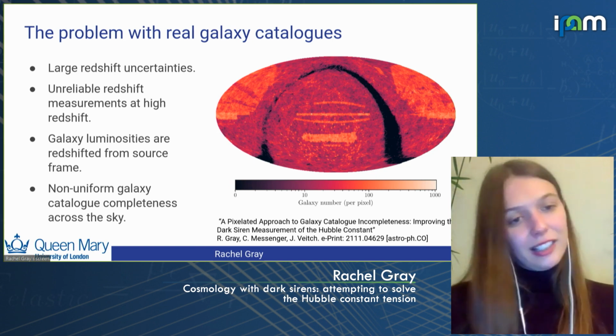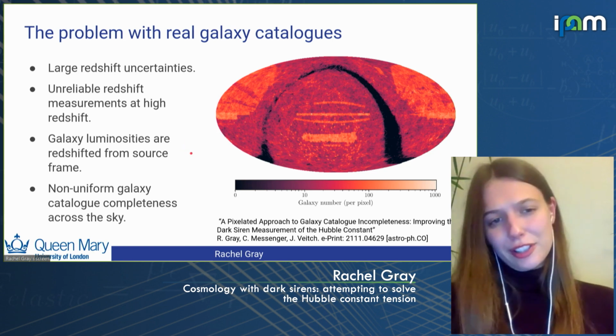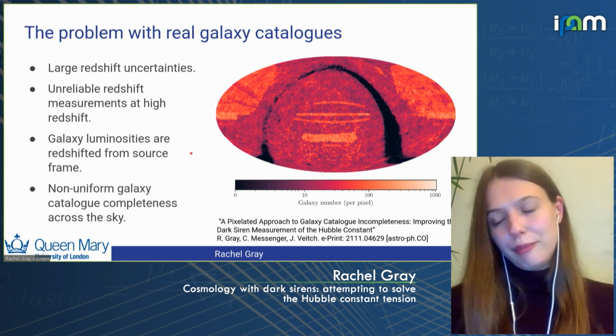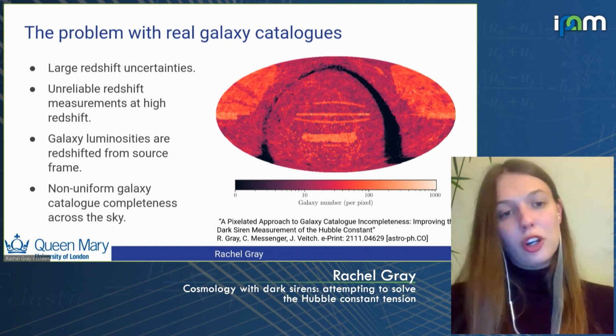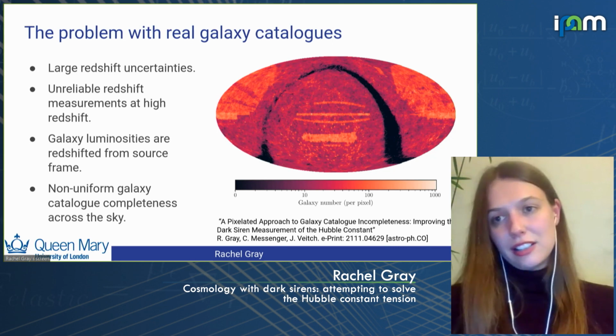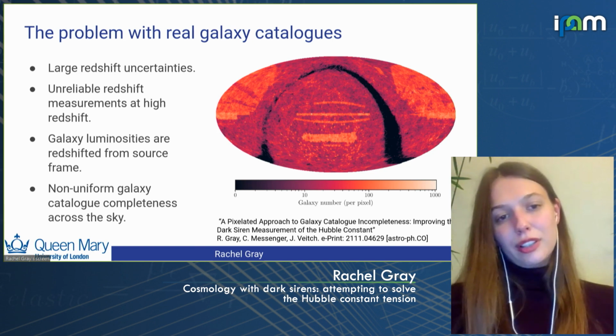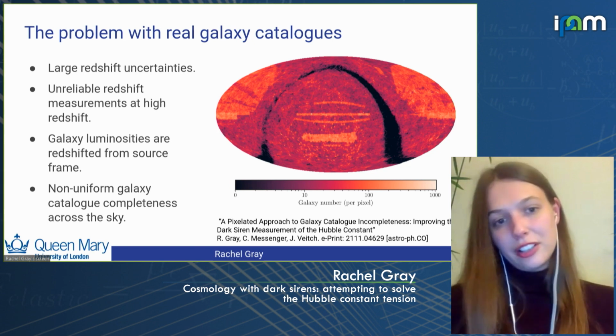There's also the fact that, this is a fun one, galaxy luminosities are redshifted from the source frame. It turns out galaxies do not emit uniformly in all wavelengths, and telescopes are only sensitive to whatever band they are observing in. And so what they observe is whatever light has been redshifted into that band by the time it reaches Earth.